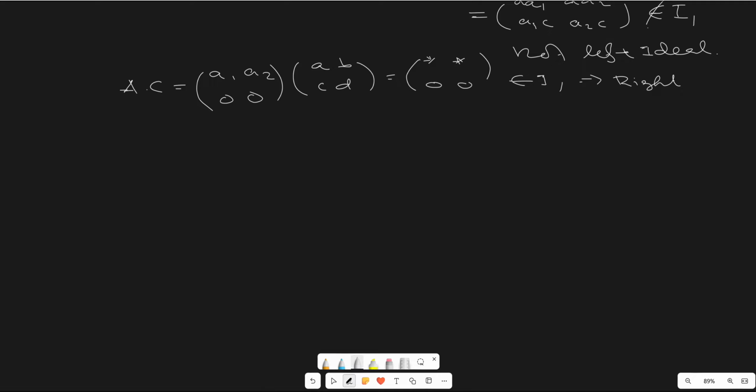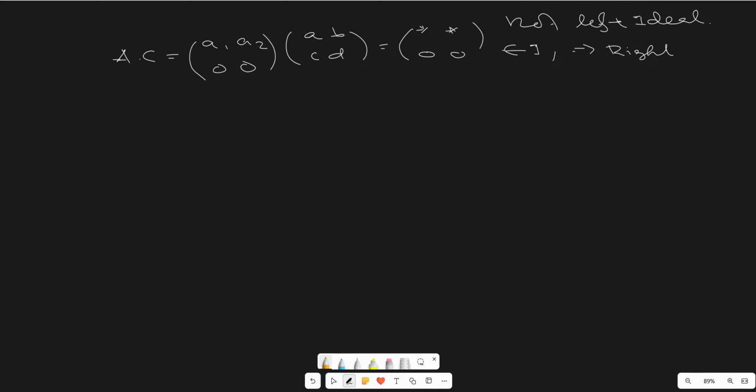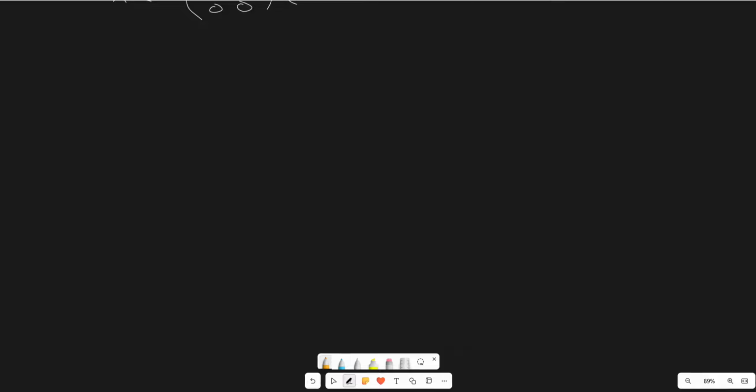Okay, so this question I'm writing here. Let me choose a color. This color is okay, I guess. So this question is of Einstein algebra, and this question has been asked in CSIR NET September 2022. Anyways, so question.